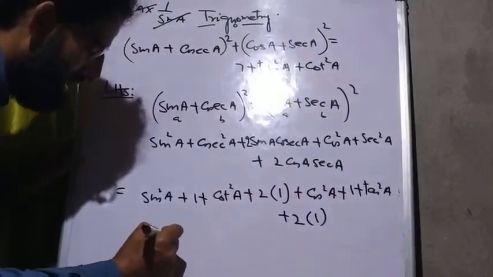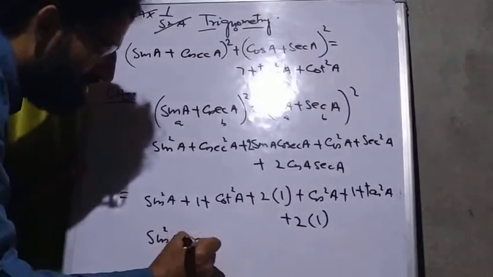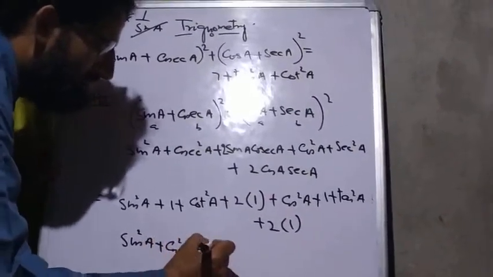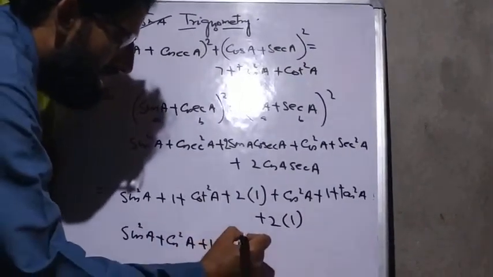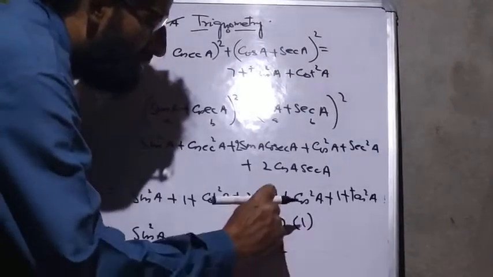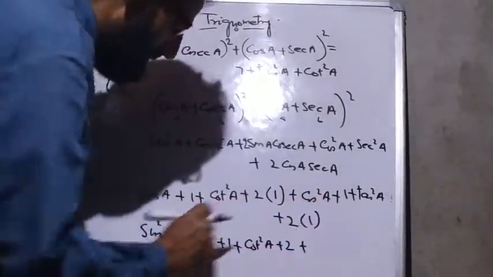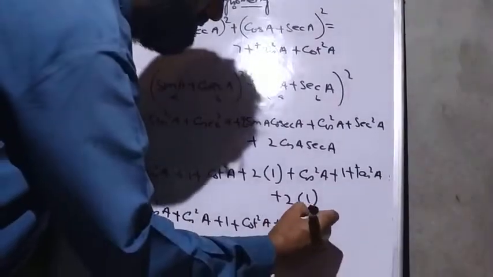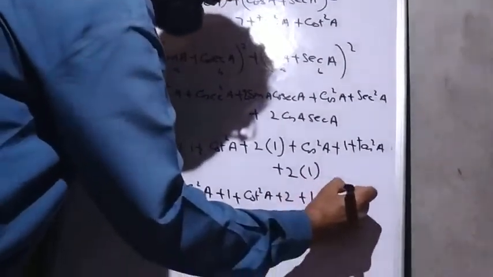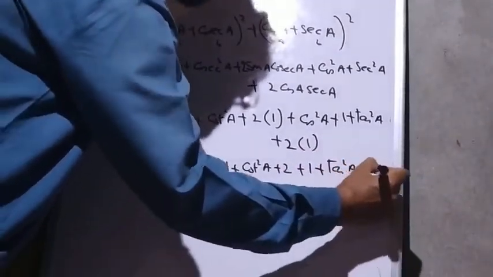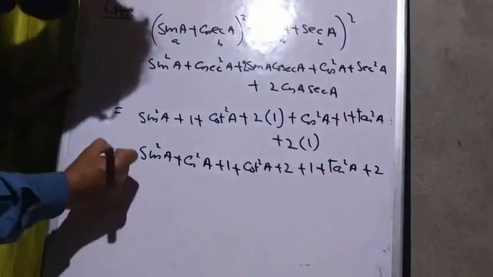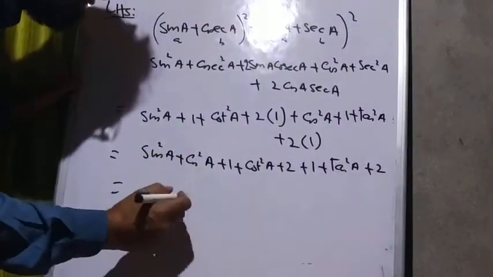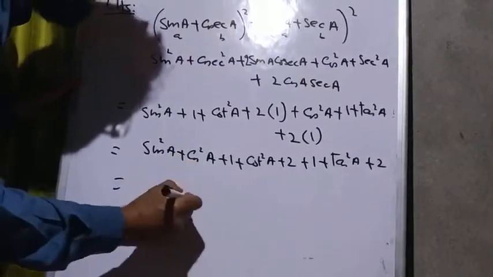We can write sin square A plus cos square A plus 1 plus cot square A plus 2 ones are 2, plus 1 plus tan square A plus 2 ones are 2.